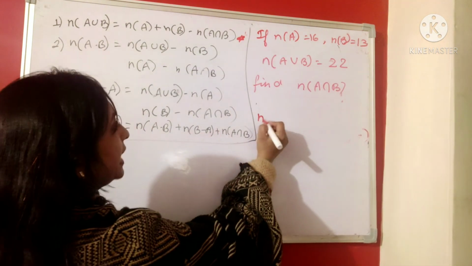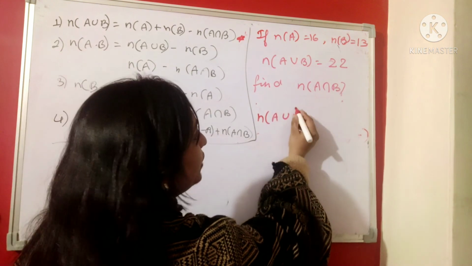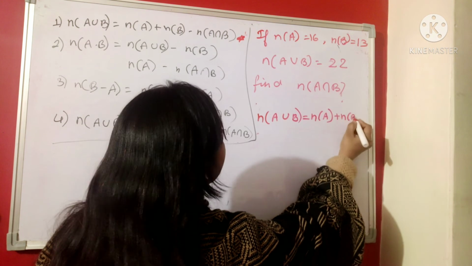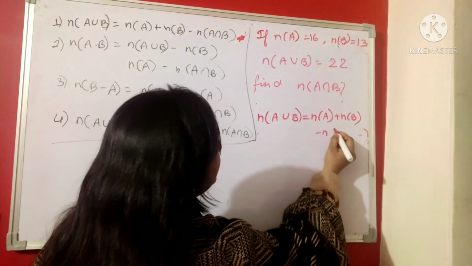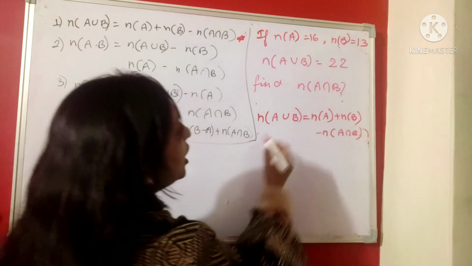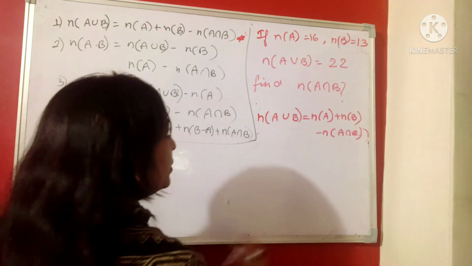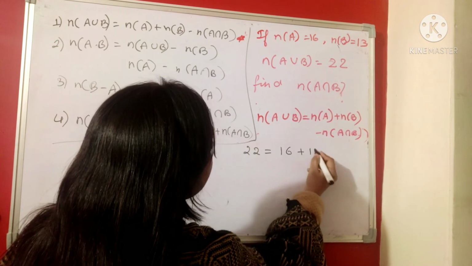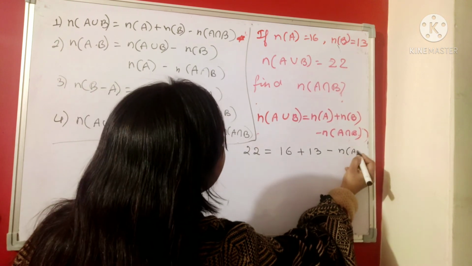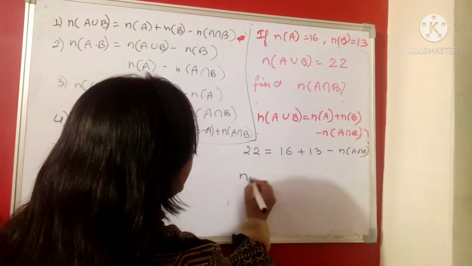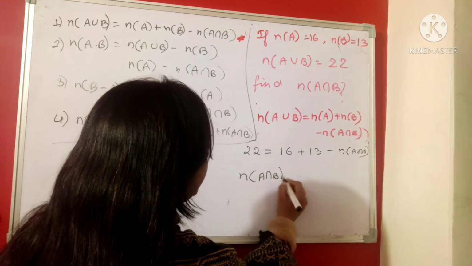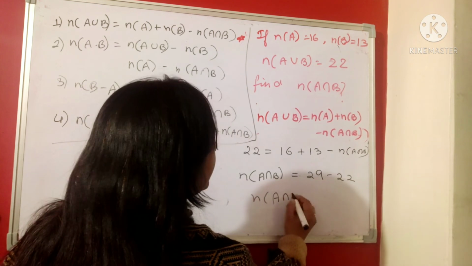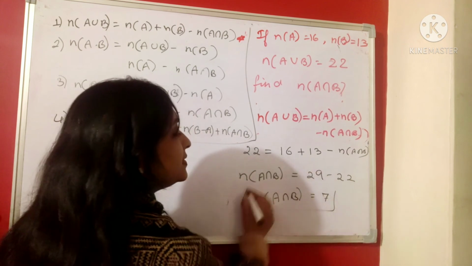So we apply the formula: cardinal number of A union B equals cardinal number of A plus cardinal number of B minus cardinal number of A intersection B. Substituting the values, 22 equals 16 plus 13 minus cardinal number of A intersection B. So cardinal number of A intersection B equals 29 minus 22. The value of A intersection B will be 7.